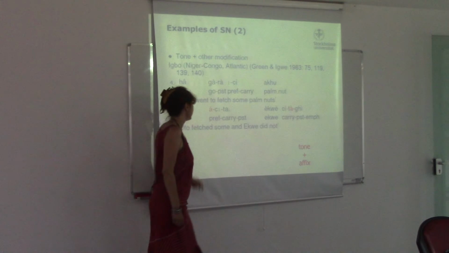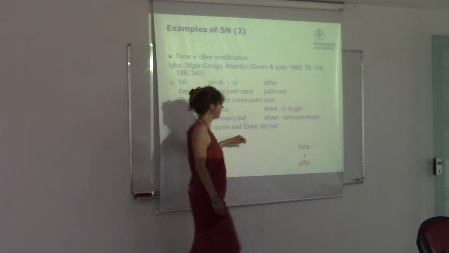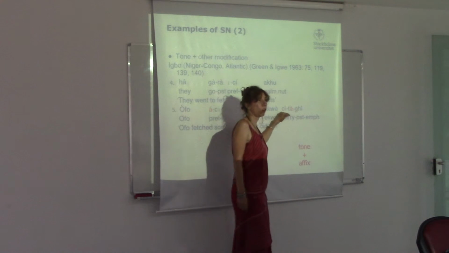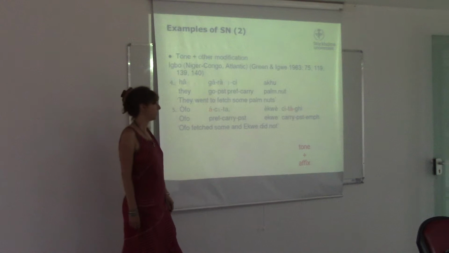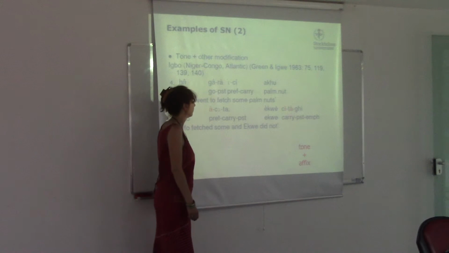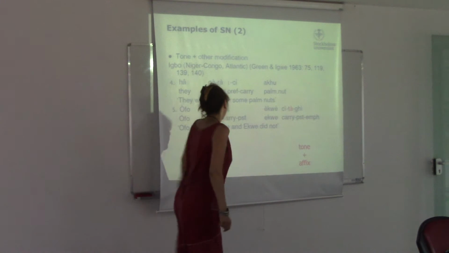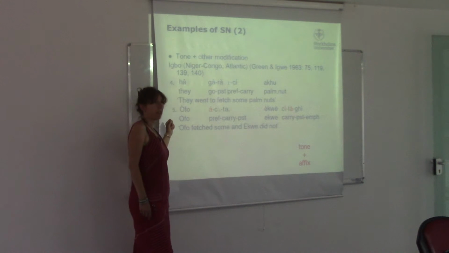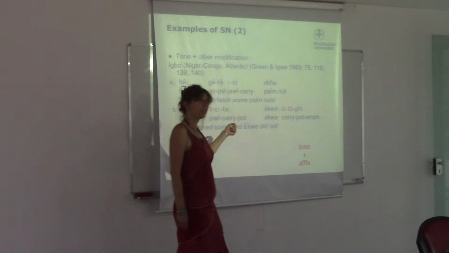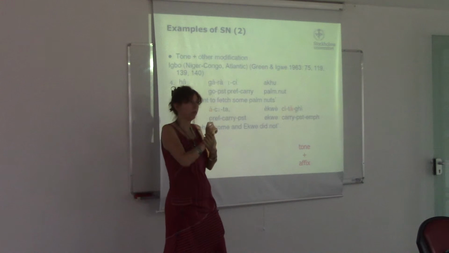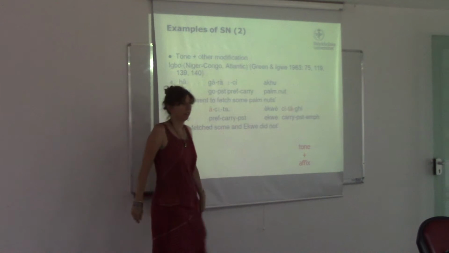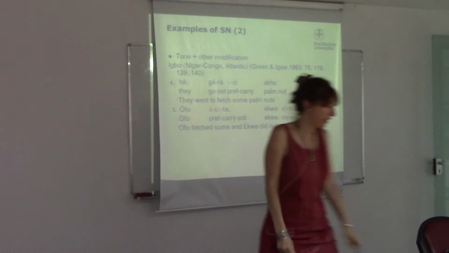So Igbo is one of the languages that will go exclusively for tone in the expression of negation. Such languages are rare. Usually you do have an explicit morpheme and tone, but Igbo is the extreme case.